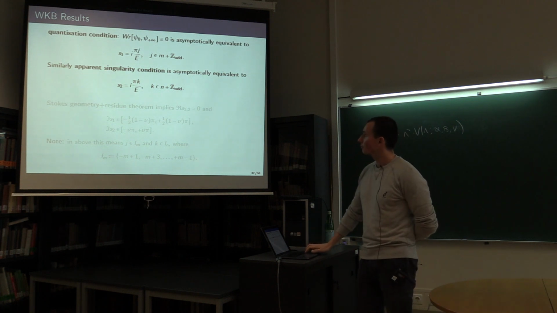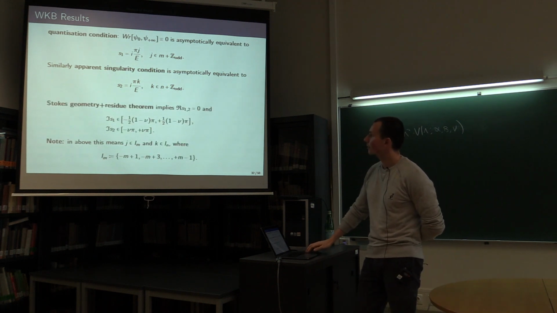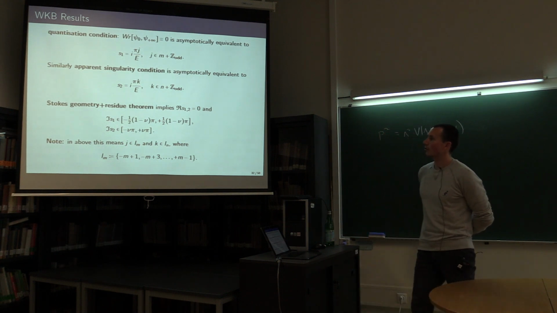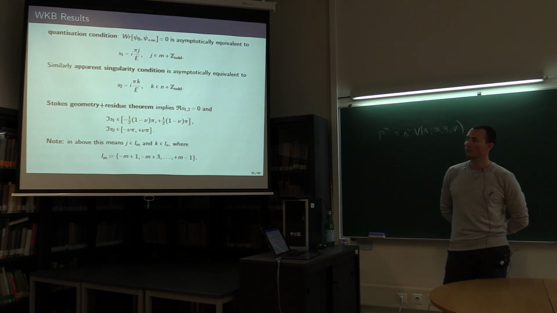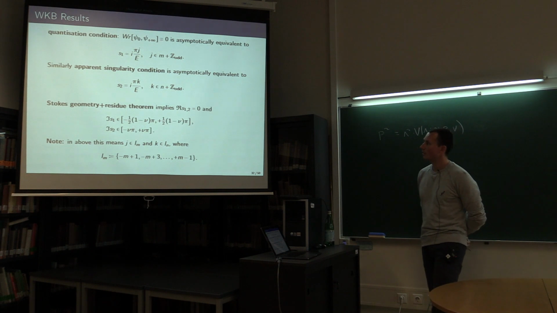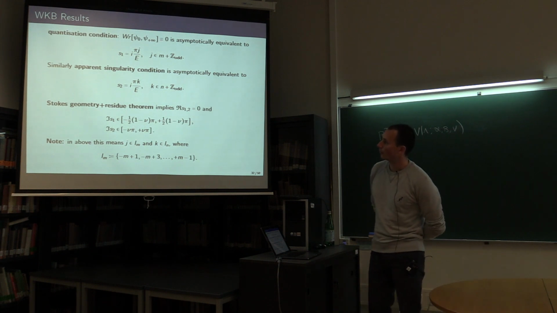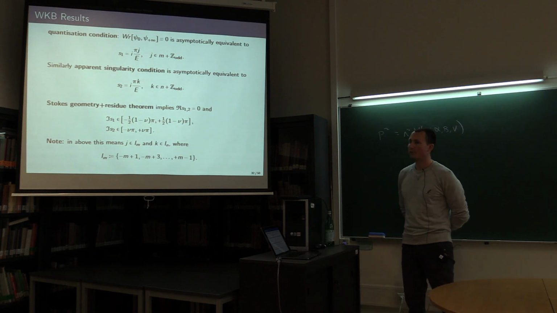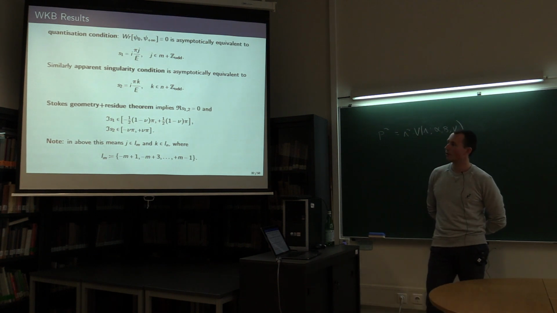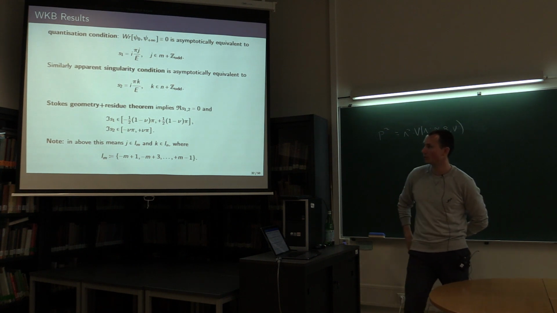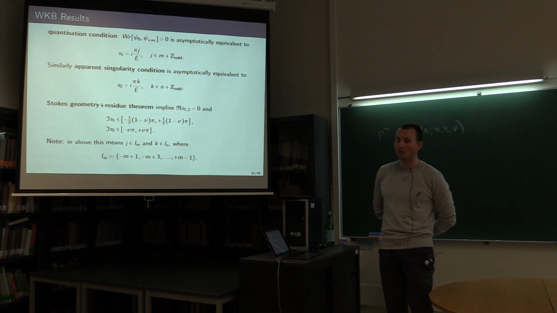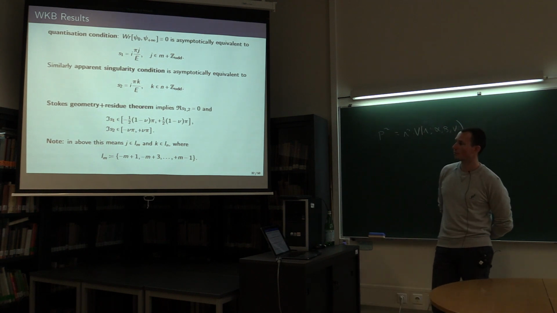Okay, so now if we just look at the Stokes geometry of the potential and we apply the residue theorem, we find that the ranges of S1 and S2 are very restricted. So the imaginary part of S1 lies in this interval, and the imaginary part of S2 is in between minus nu π and plus nu π.